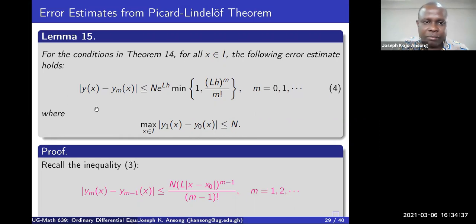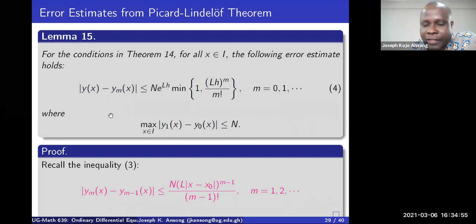This is important because you can't always find an exact analytic solution to the IVP, but you can find an estimate using, let's say, the Picard iterative procedure. So suppose you're able to find that estimate and you don't know the actual solution.